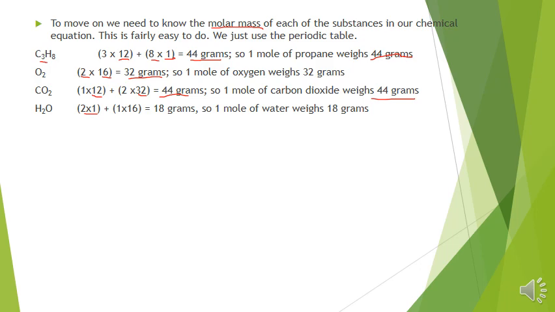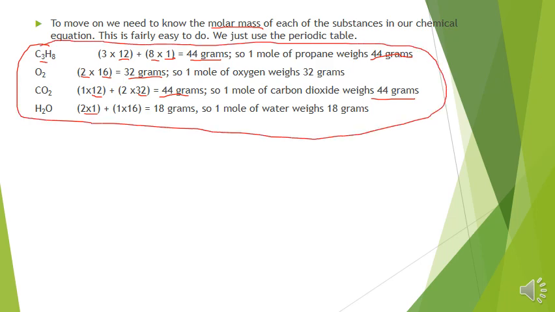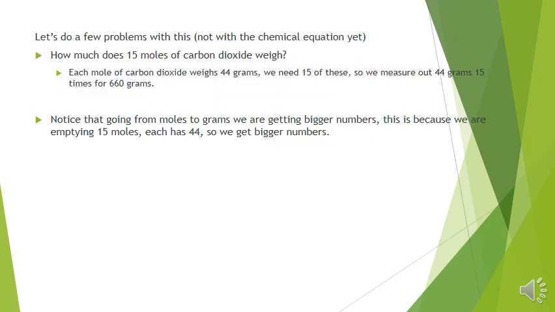Okay, so this is important information for when we use our chemical equation and determine our values. So let's do a few problems. We won't do it with the chemical equation, we'll just think about what the previous slide looked at.